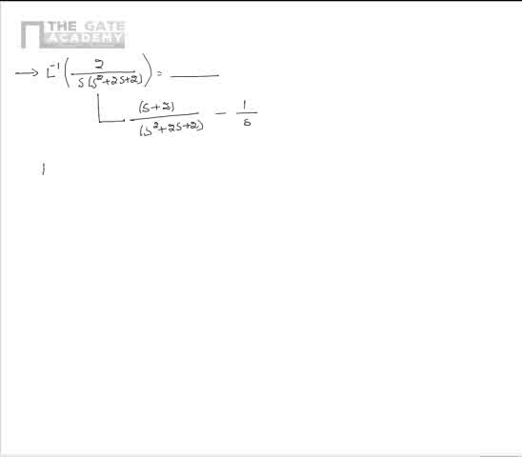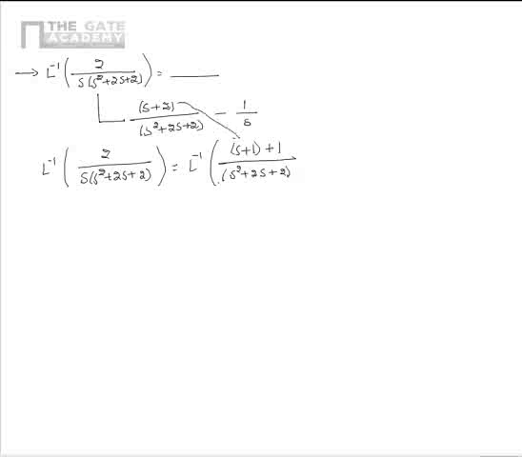So from this we get that L inverse of 2 by s into (s square plus 2s plus 2) is equal to L inverse of (s plus 1) divided by (s square plus 2s plus 2). Please note that we have written s plus 2 as s plus 1 plus 1.